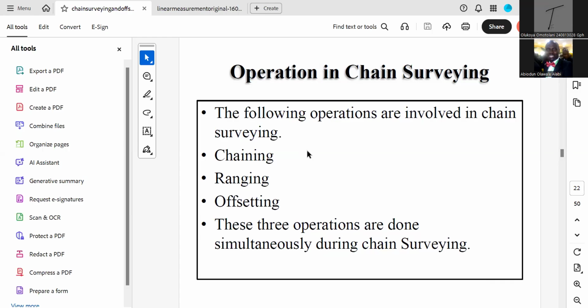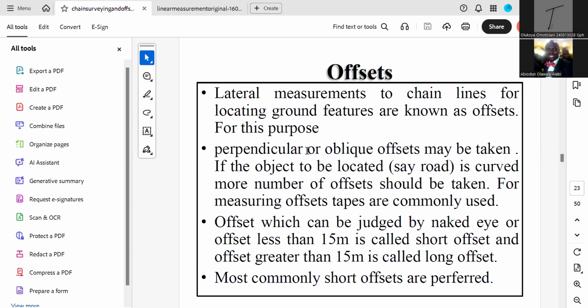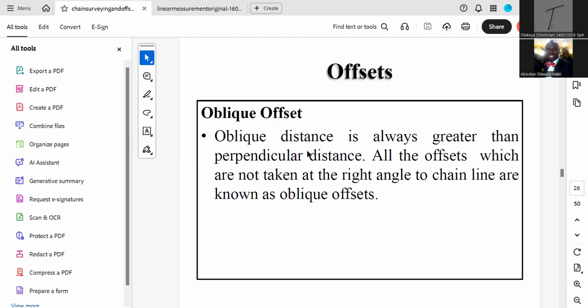So these three operations are done simultaneously during chain surveying. As you are chaining, you are ranging, you are also offsetting. So take note of that. I need an illustration that depicts offsetting for us.